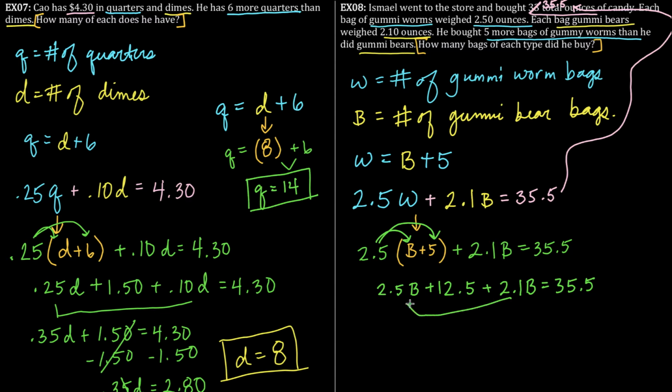Combine like terms. So 2.5 B plus 2.1 B is 4.6 B, plus 12.5, will give me 35.5.